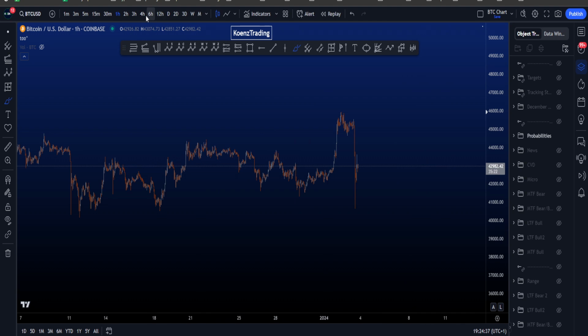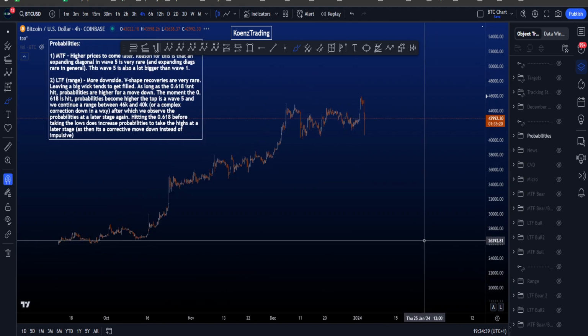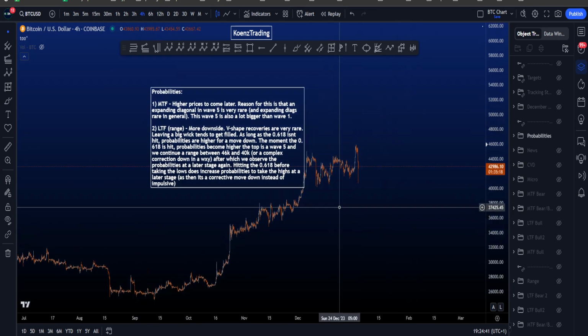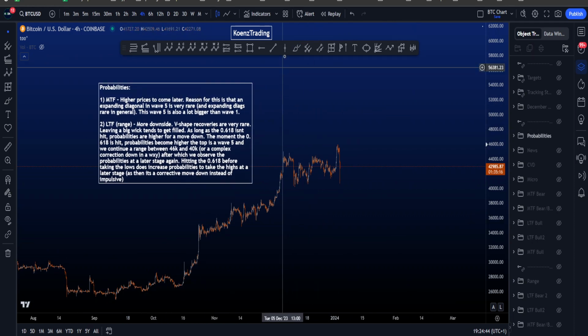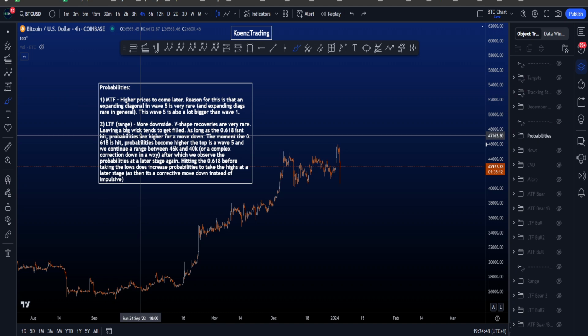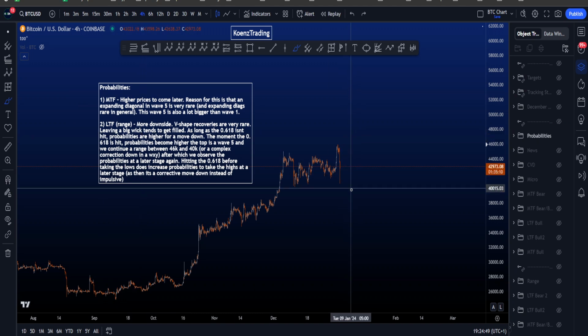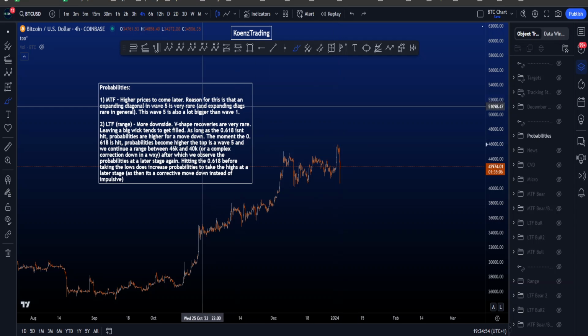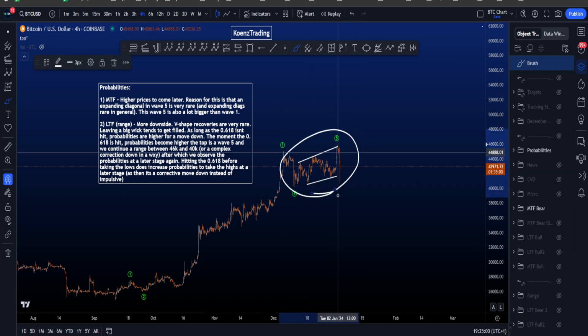And if we then look at the probabilities of the different scenarios, then I have a little bit of a story here. On the medium time frame, we are at the moment looking still for higher prices to come later, right? Doesn't mean we can't go down first, but at a later stage, probabilities are higher to take this high. Reason for this is that an expanding diagonal in wave 5 is very, very rare, which is this scenario over here.